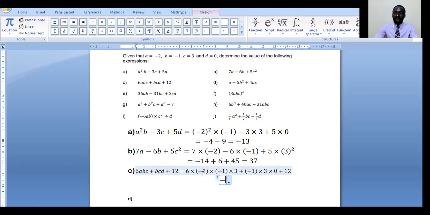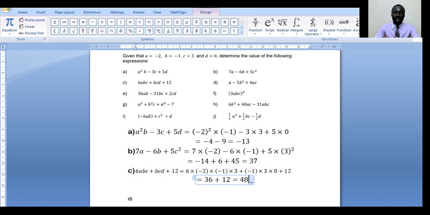So this is 6 times negative 2 times negative 1. This is going to be positive 12 times 3 is 36. Now, we have negative 1 times 3 times 0. That gives 0 plus 12. What is this going to be? This is going to be 48. That's how we evaluate C.